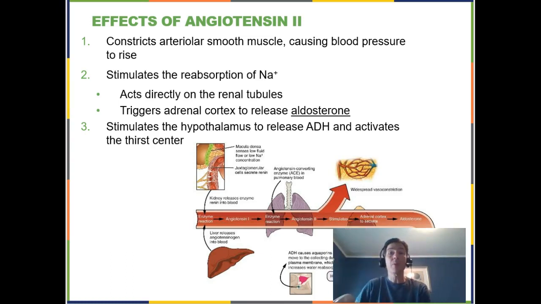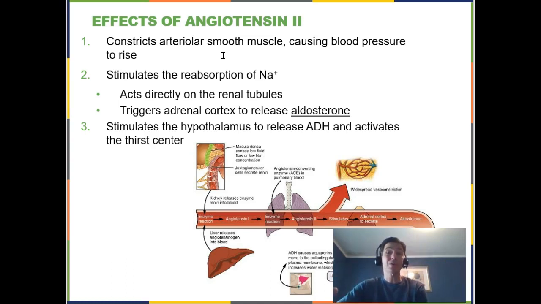So what's more important for us is knowing what angiotensin 2 does. All of the effects of angiotensin 2 are intended to cause your blood pressure to go back up. So it's all about maintaining high enough blood pressure. So angiotensin 2 gets generated everywhere, and it causes your arterial smooth muscle to constrict.